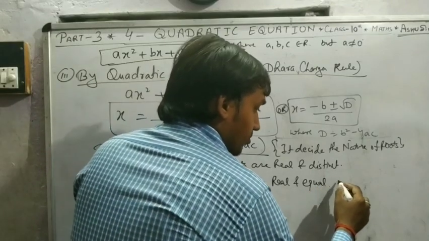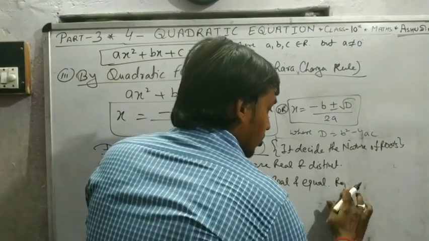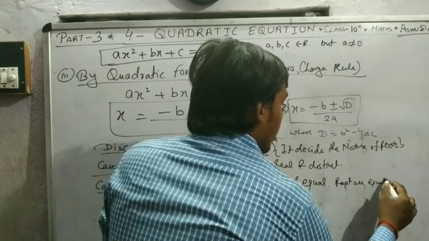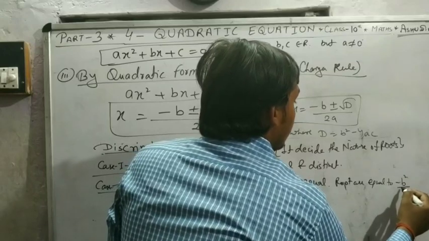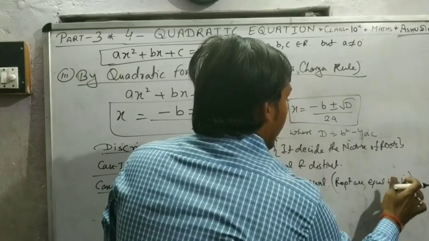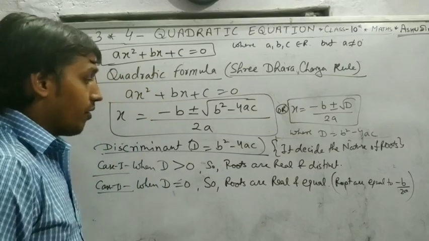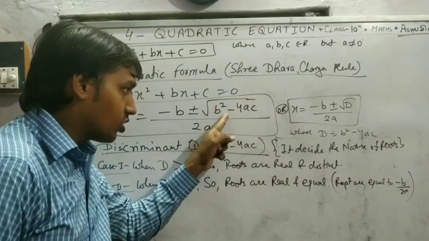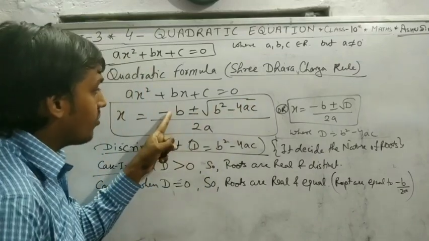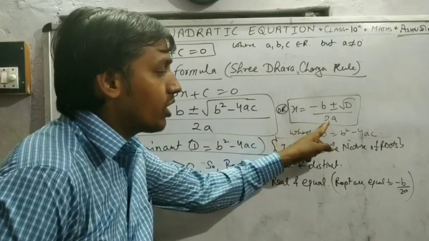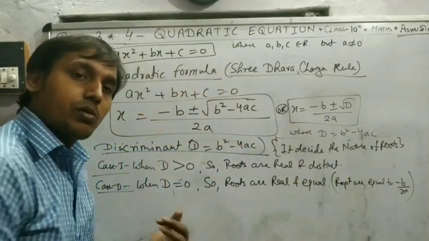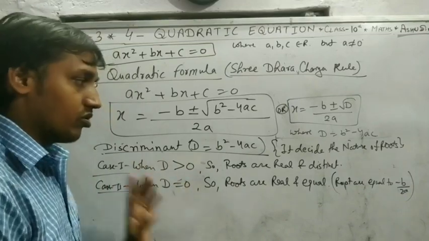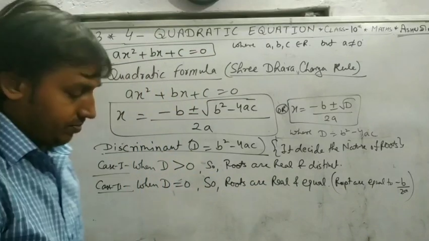So here roots are equal to minus b upon 2a. Why? When you put the value of d as 0, the whole square root 0 plus minus 0 means nothing, only minus b upon 2a remains. So the values are the same, minus b upon 2a, minus b upon 2a. So you can directly find the value of x when d is 0 by minus b upon 2a.